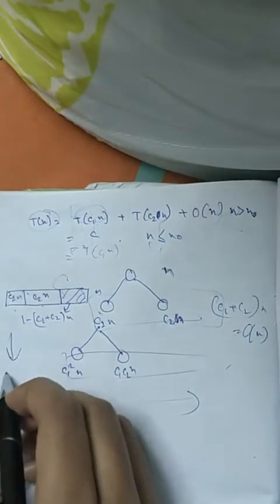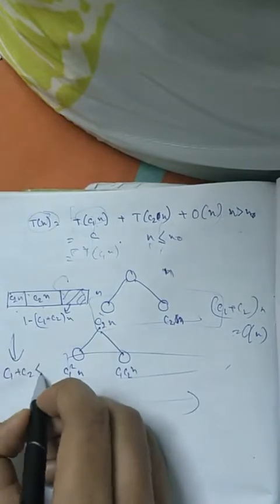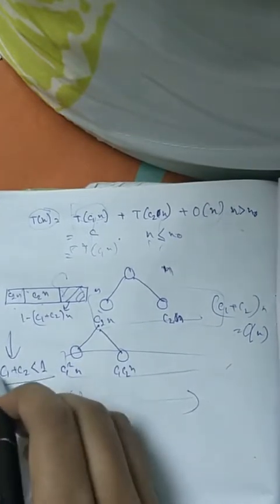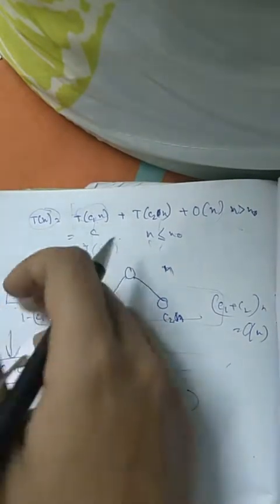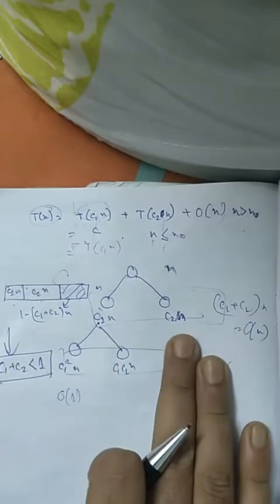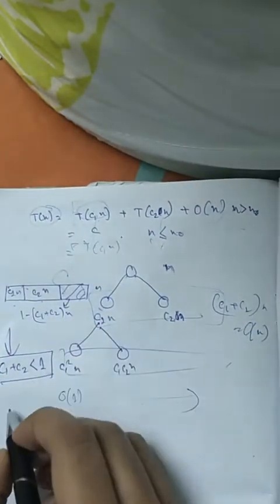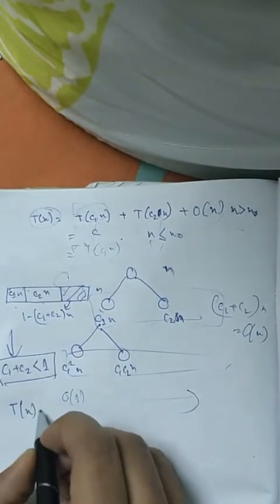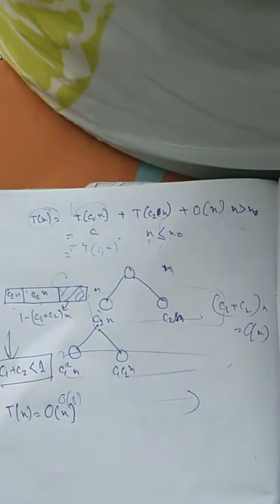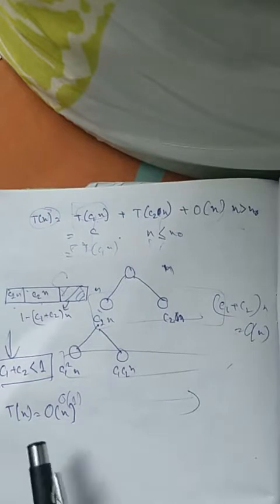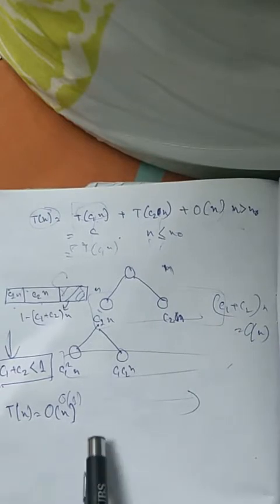So if c1 plus c2 is strictly less than 1, then at each recurrence step we are not looking at a part of the array. In that case T(n) turns out to be order of n. You can solve this and check. So in that case T(n) turns out to be order of n.